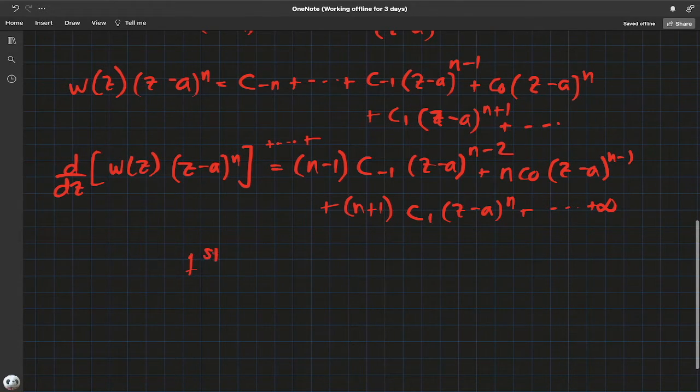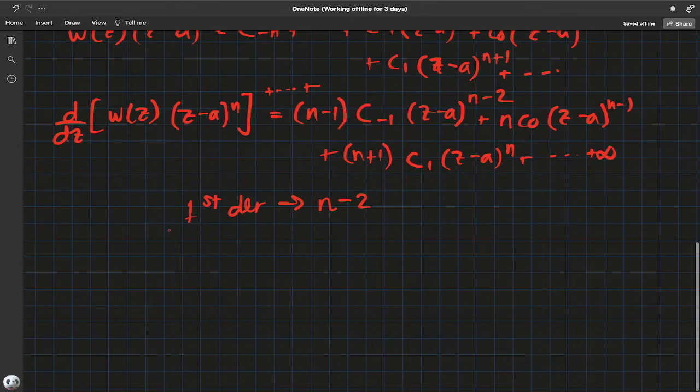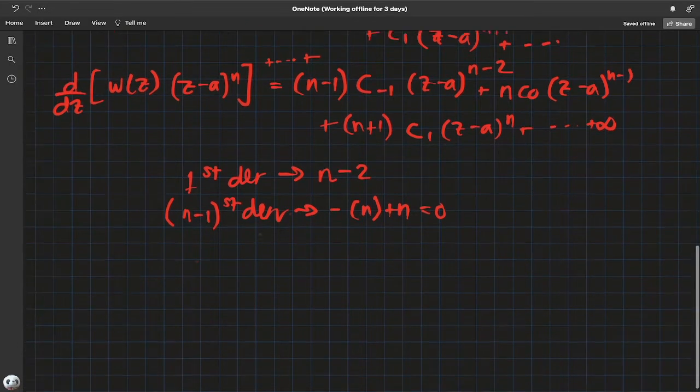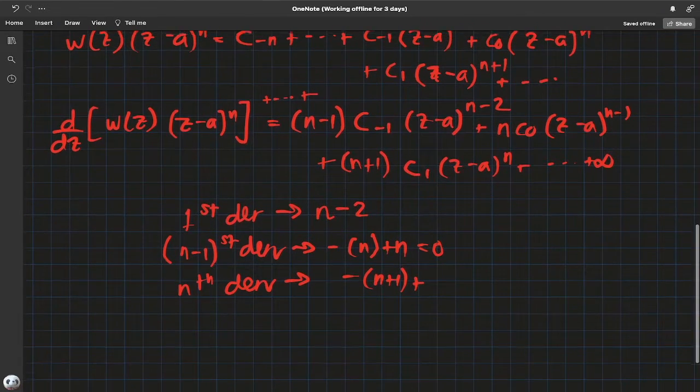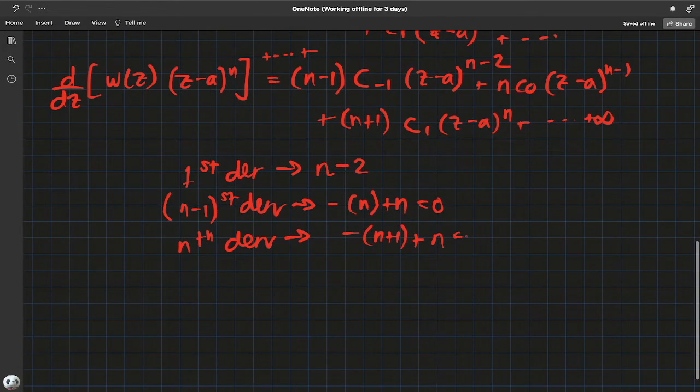Notice the pattern. You take the first derivative, the power of this term associated with n is n minus 2. Take the n minus first derivative, you get negative n plus n, which is 0. You take the nth derivative, you get negative n plus 1 plus n, so you get negative 1.